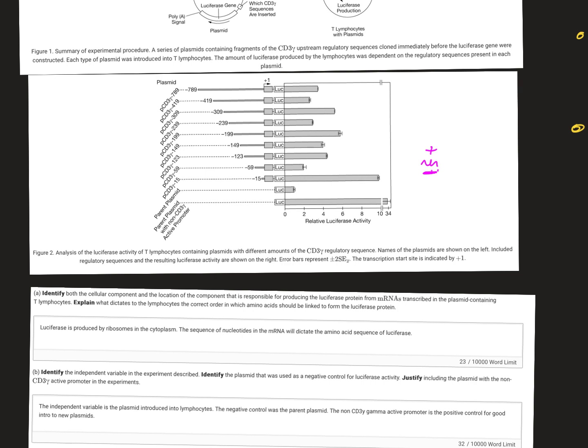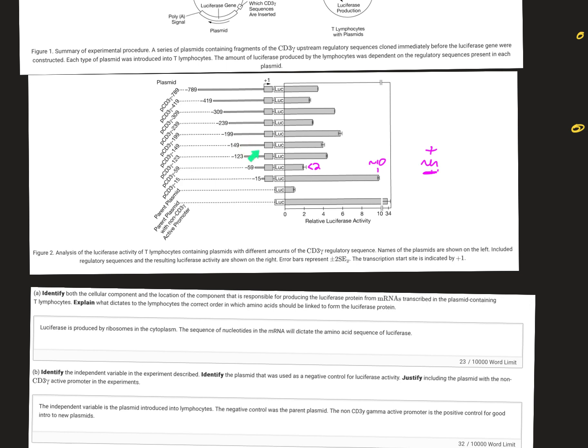When I get to 59, somewhere between 15 and 59 there must be some part of that promoter region that's downregulating it, because you have here about 10 on the luciferase activity scale, where the next one you're down to less than 2, right? Less than 2 here, and then the rest. This is the least of this section. So the negative regulation sequence is definitely happening here.